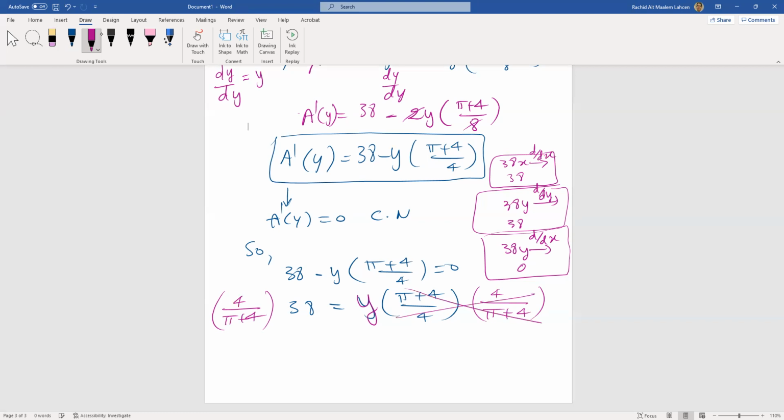All right, so this is out, and that gives me y equals 38 times 4. What's that? 152 over pi plus 4. Yeah, we're good. We got a y value.